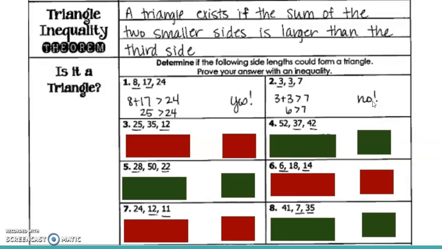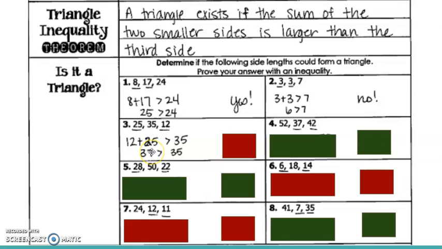And that's as easy as the triangle inequality theorem gets. We're just adding the sides to see if it would form a triangle. With number 3, out of 25, 35, and 12, 25 and 12 are our smaller sides. So we're going to add them together and see if they are greater than 35.